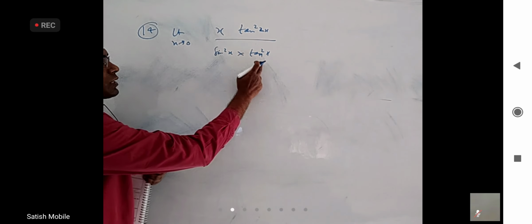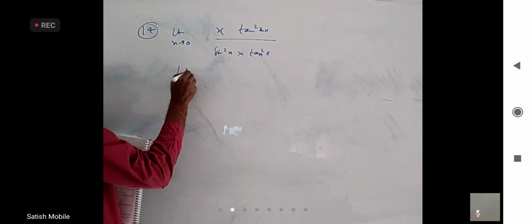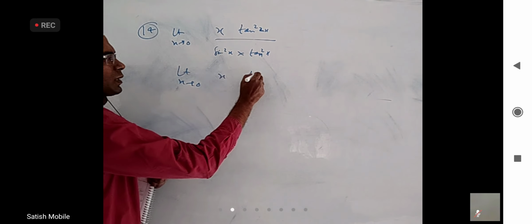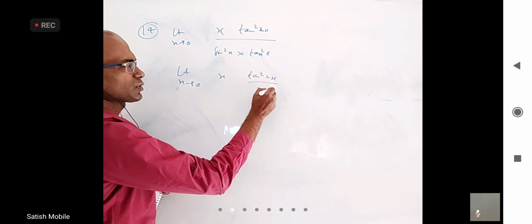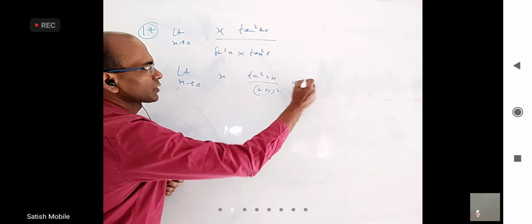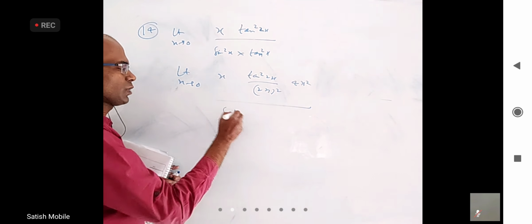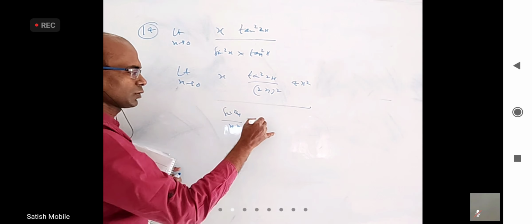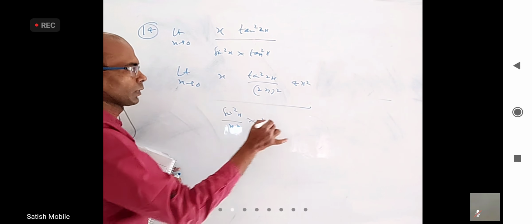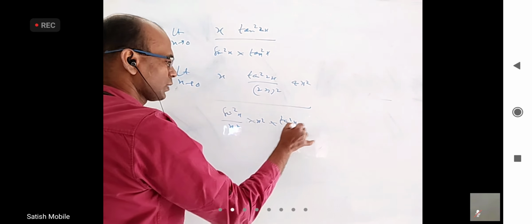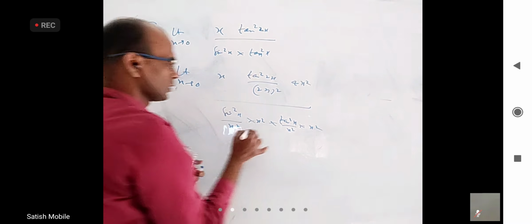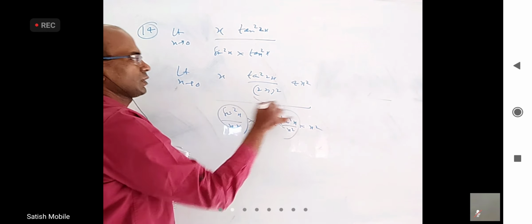This is 4th degree, this is cubic. That is what I mean: tan square 2x needs (tan 2x by 2x) whole square into 4x square. Sin square x needs (sin x by x) square into x square. Tan square x needs (tan x by x) square into x square. This is 1, this is 1, this is 1.